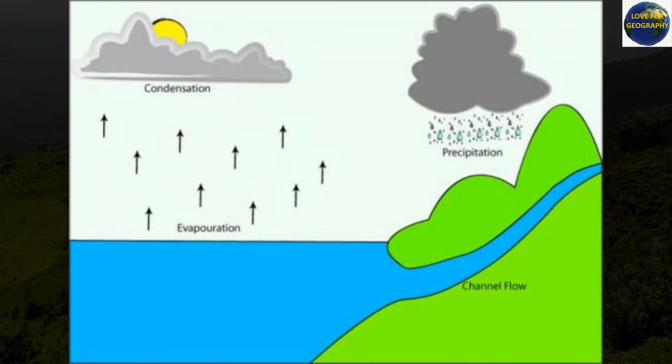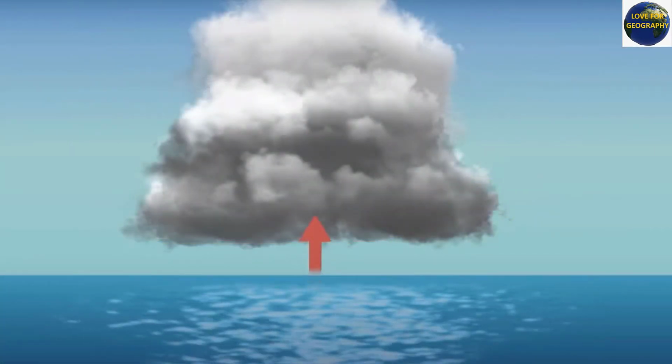Evaporation is a process that converts liquid into water vapor. After evaporation, condensation takes place. Condensation is the opposite of evaporation. When water vapor is converted back into liquid form, it forms cloud.